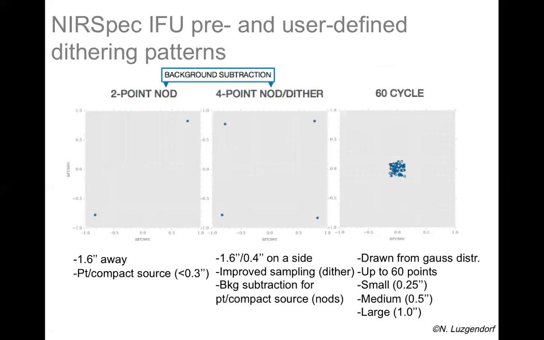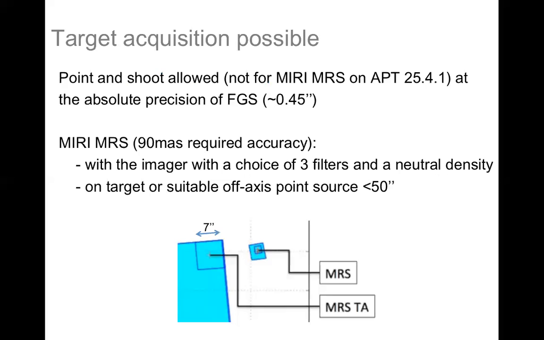So that's it for the jittering. Target acquisition. For the IFU, especially on extended targets, you will be allowed to do a simple point and shoot, because a very precise pointing on an extended source is maybe not mandatory for your science case.